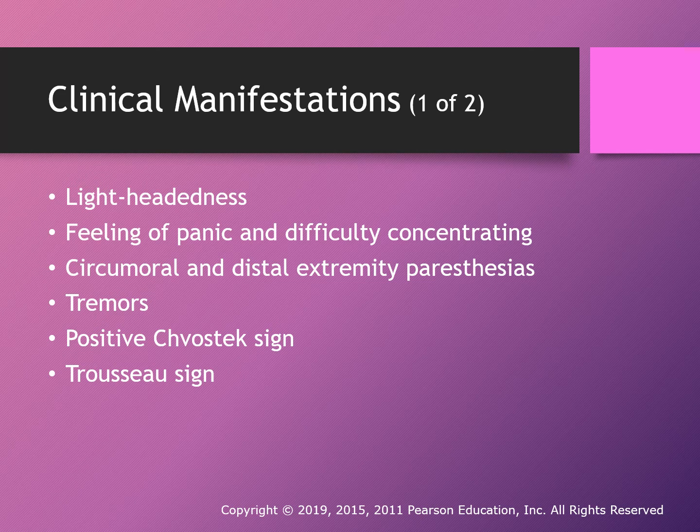Clinical manifestations. The manifestations of respiratory alkalosis include lightheadedness, a feeling of panic and difficulty concentrating, circumoral or distal extremity paresthesias, numbness or tingling, tremors, and positive Chvostek sign, a type of facial spasm usually indicative of hypocalcemia, and Trousseau sign, a spasm of the hand and forearm.